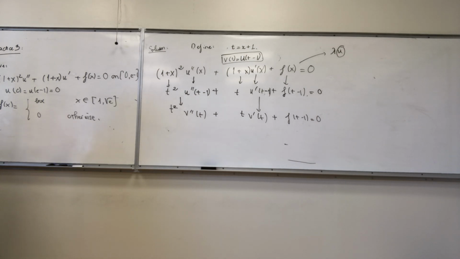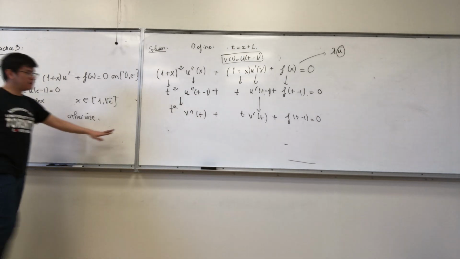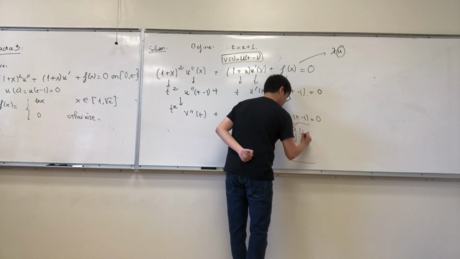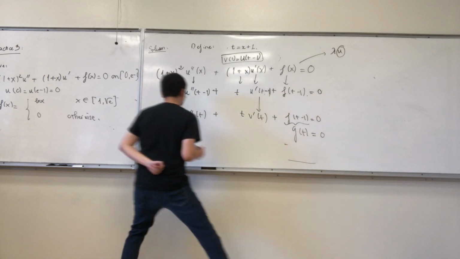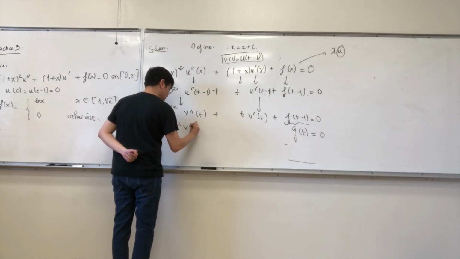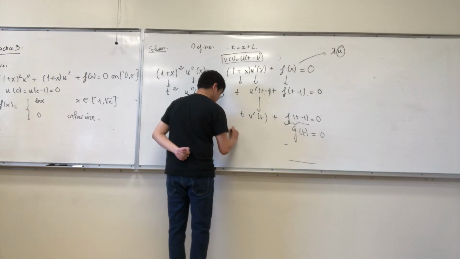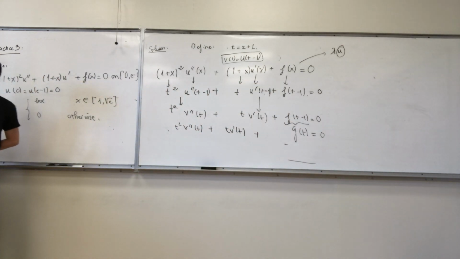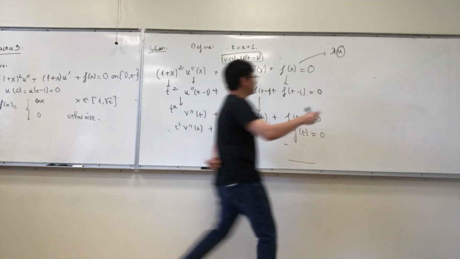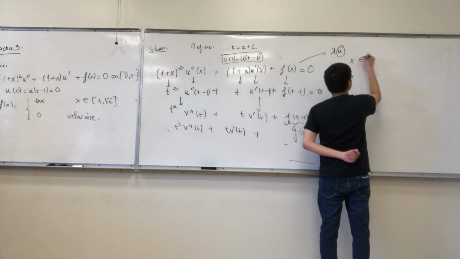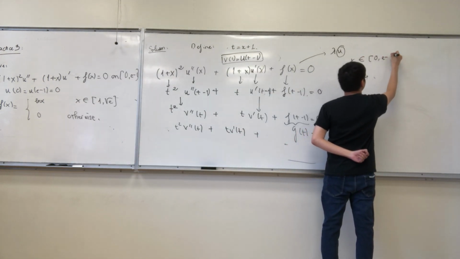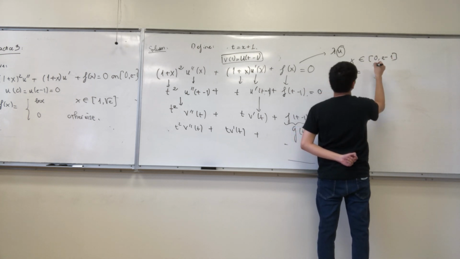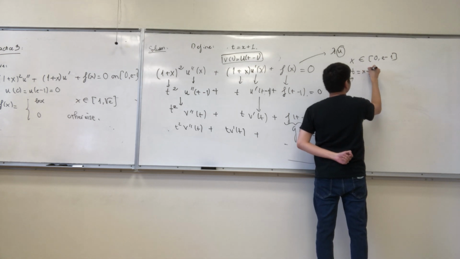Questions? It's clear? So now I'm going to get this equation, and I'm going to define this to be g(t). So I have t squared v double prime of t plus t v prime of t plus g(t) is 0. So what is the range of x? X is from 0 to e minus 1. So t is x plus 1.